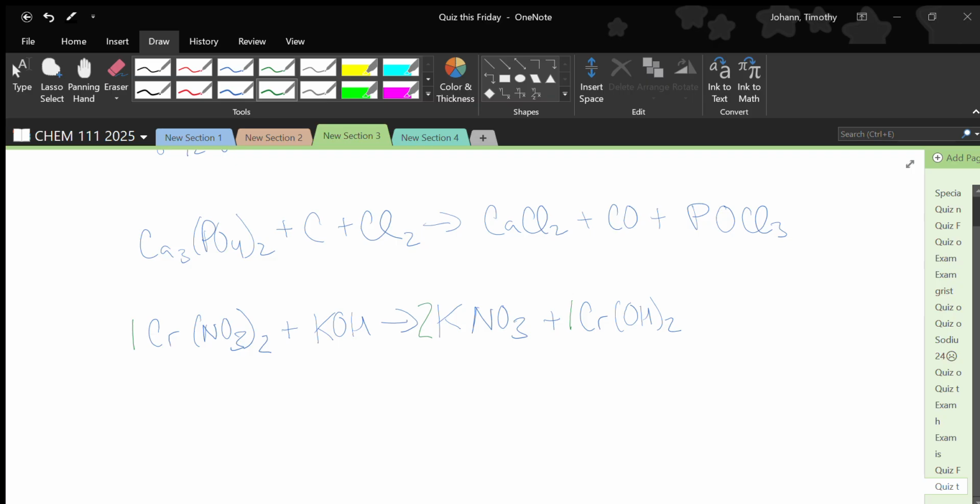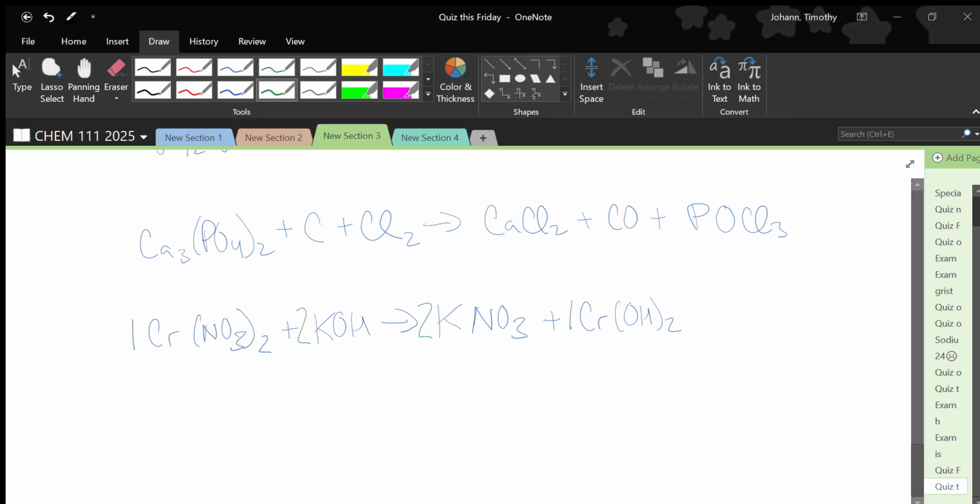And once I fix something, I balance something related to it. So we've got this 2 potassium. I now have 2 potassium nitrates. I'm going to have 2 potassiums. Let's go ahead and put the 2 over there. And then let's see if it worked. All right.